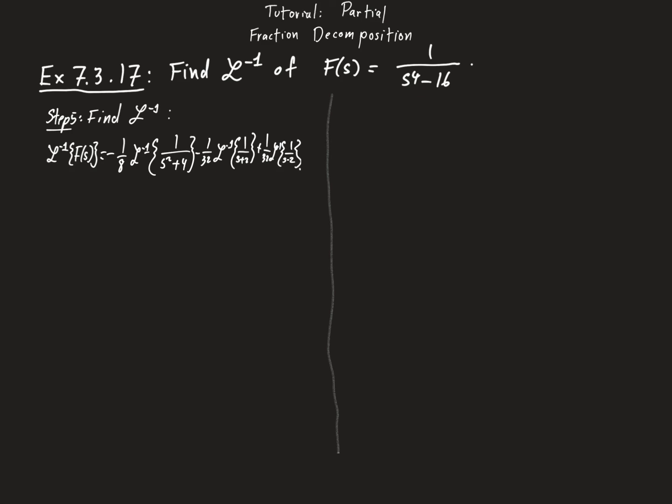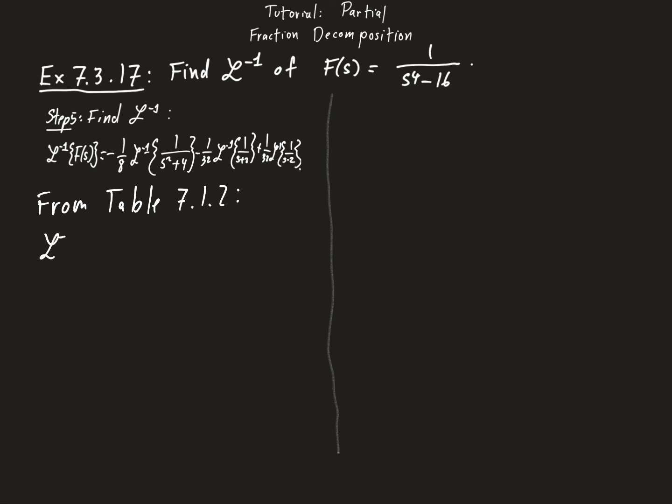Okay, now luckily 2 of these inverse transforms are pretty easy to find. You can read them off directly from the table in 7.1.2.